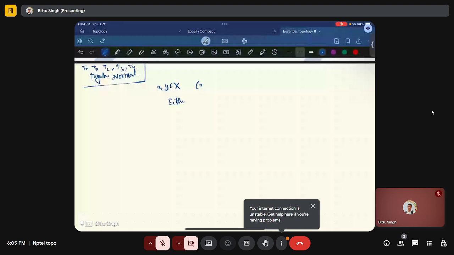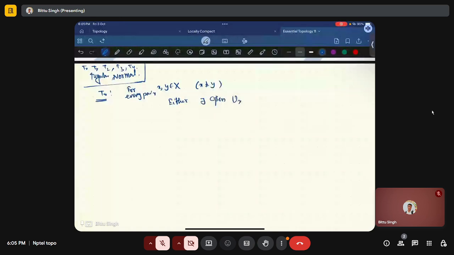This is the definition of a T0 space. Either there exists an open set Ux such that Ux contains x, but Ux does not contain y.